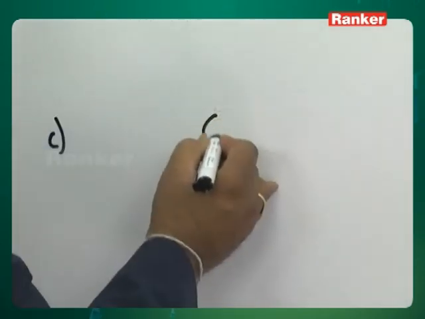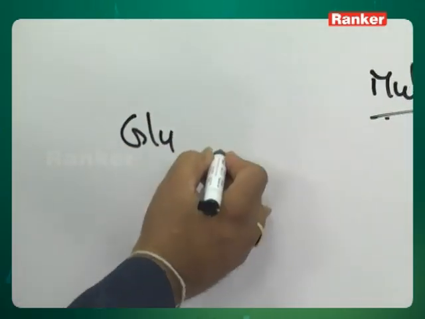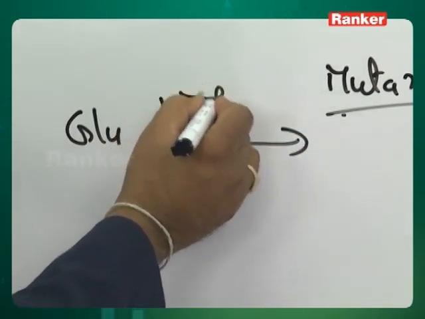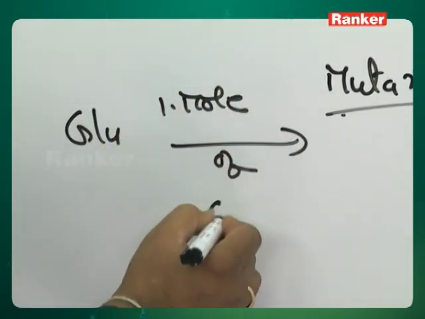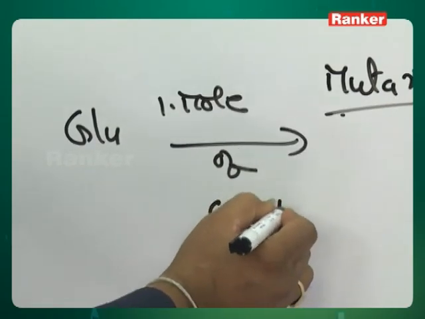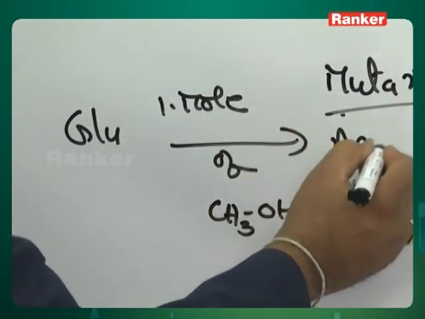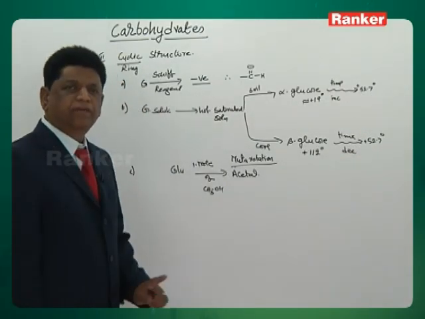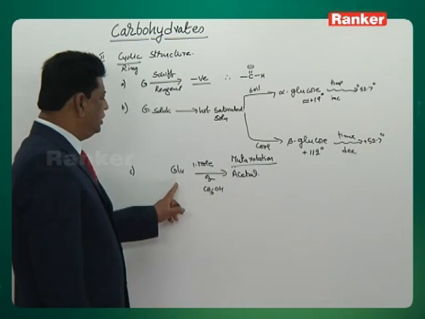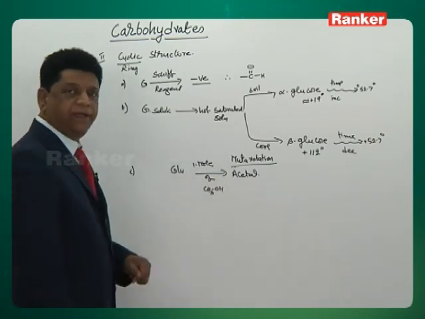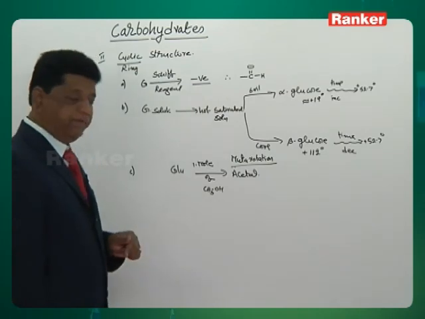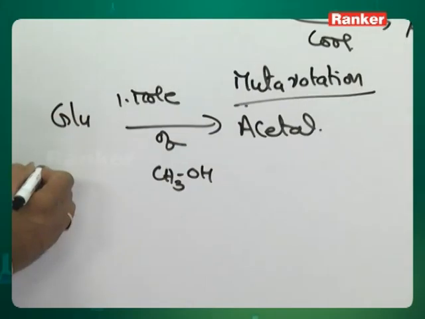But glucose, which we already said has an aldehyde, reacts with only 1 mole of alcohol, methanol or ethanol, and gives the acetal directly. Not 2 moles, only 1 mole gives the acetal. How does glucose give this type of reaction? We get a doubt: is glucose a carbonyl compound or a hemiacetal? Is this glucose a hemiacetal?